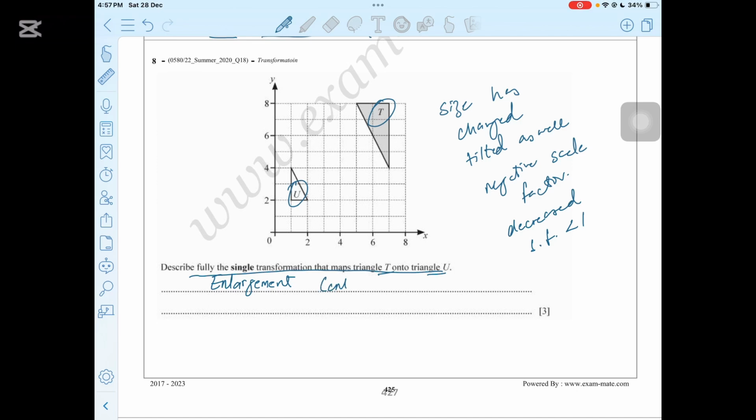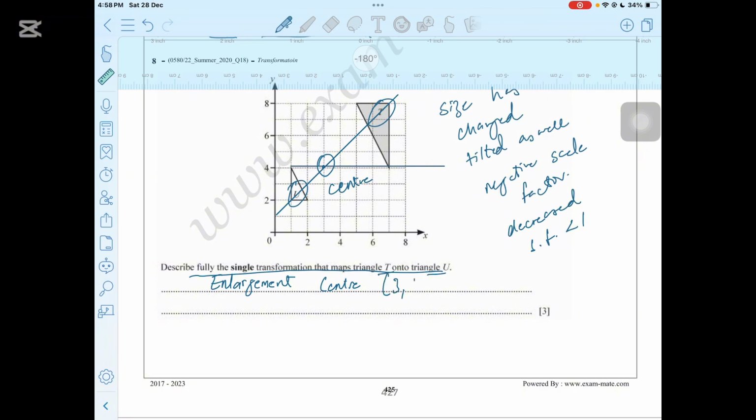We need the center. For the center we need to first match the vertices. This would be something like this, and this would be this. So we have this as a center. So this is (3, 4), center as (3, 4).